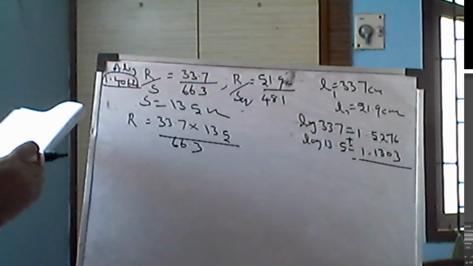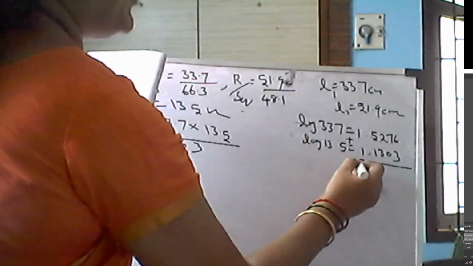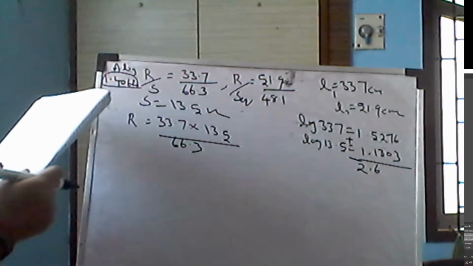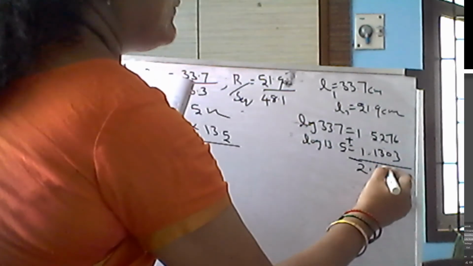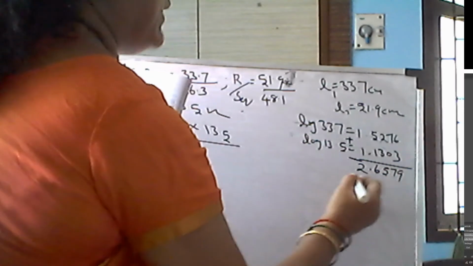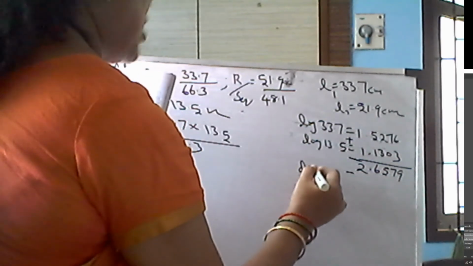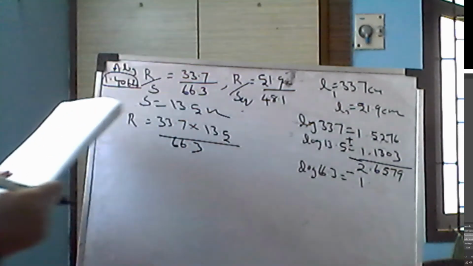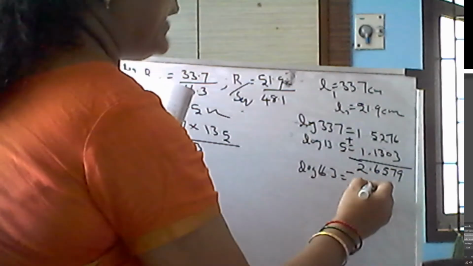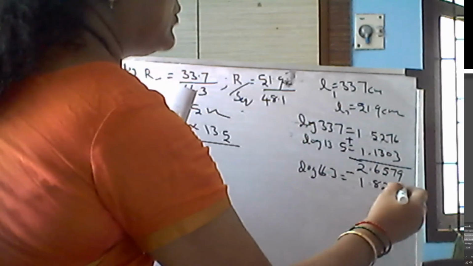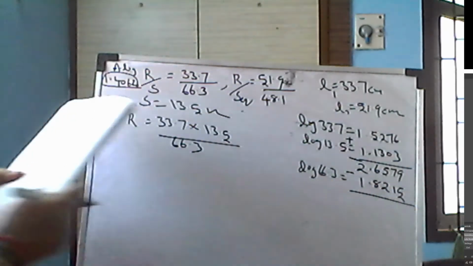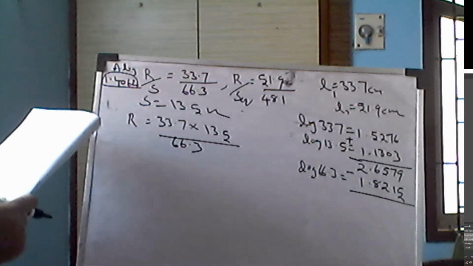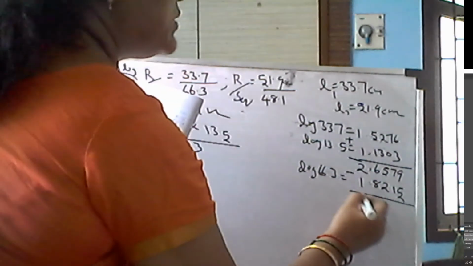This addition gives 2.6579, minus log of 66.3, that is 1.8215. If you calculate, this value is, I think, 0.8364.